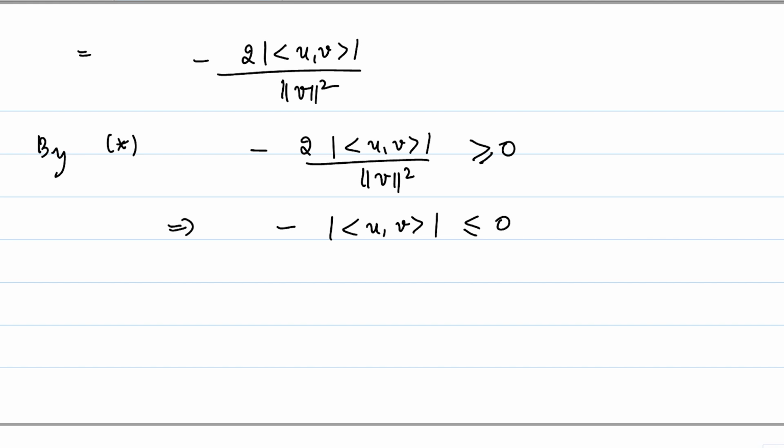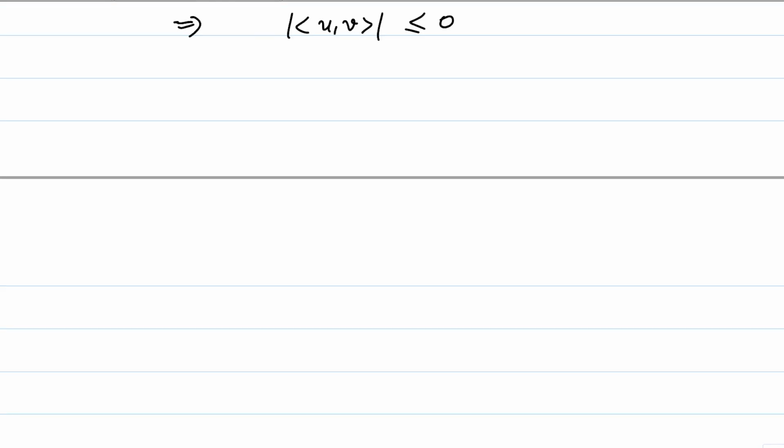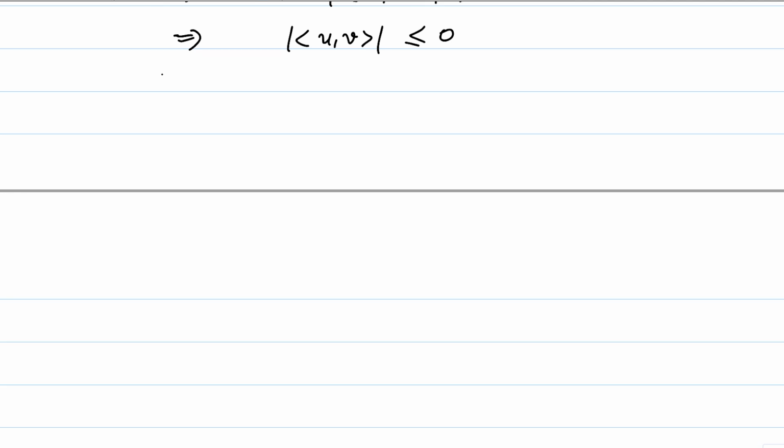This should be less than or equal to 0. I am sorry, this is greater than or equal to 0. By multiplying by minus 1, we get this is less than or equal to 0. But the absolute value of a complex number cannot be negative. This implies that the absolute value of u comma v is equal to 0.